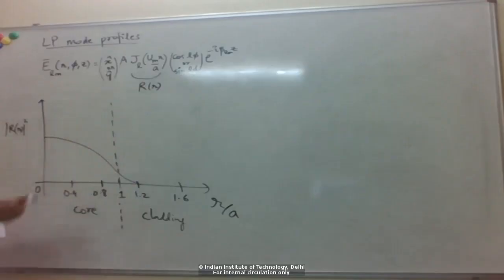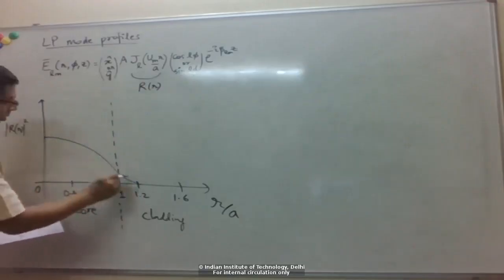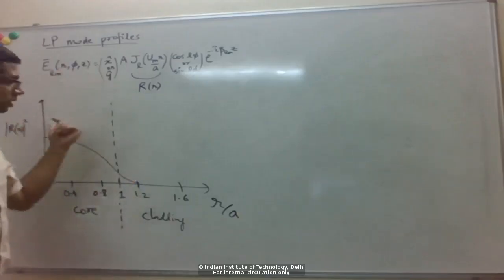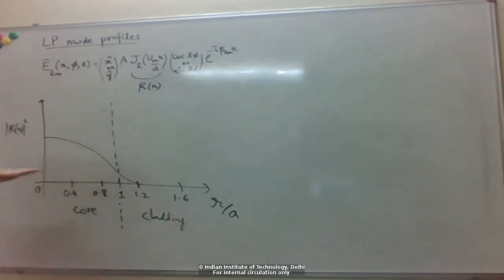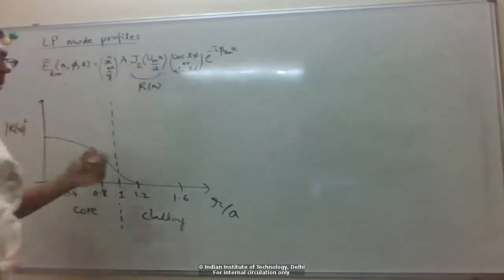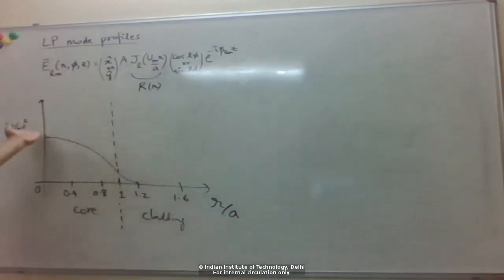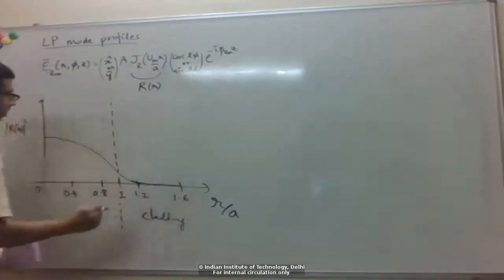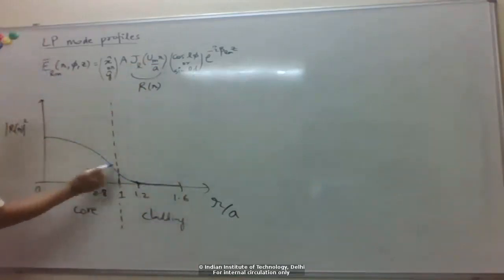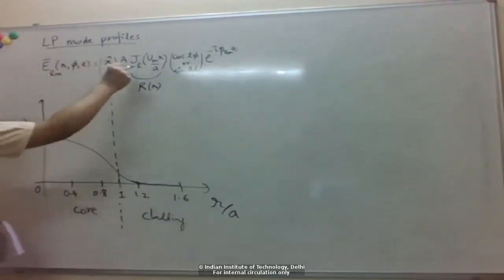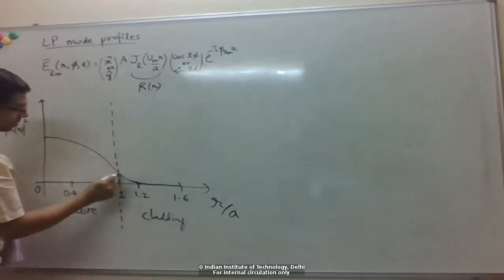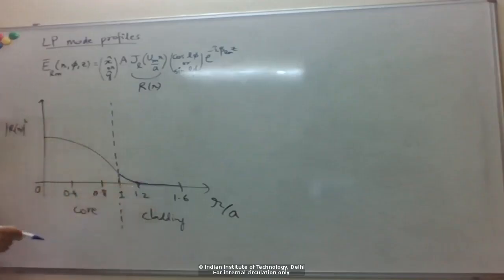You know that LP01 is the fundamental mode, so the argument here doesn't reach the first root. Basically, this doesn't cross 0. In the core, it's this Bessel function of the first kind and nth order, or for 0 it's the 0th order. And then after this it becomes a modified Bessel function here, so it just expands again.